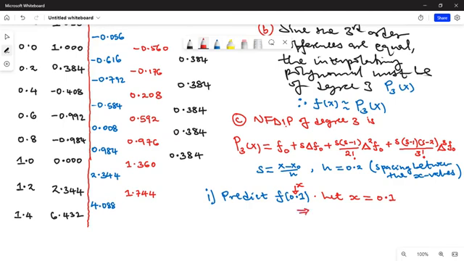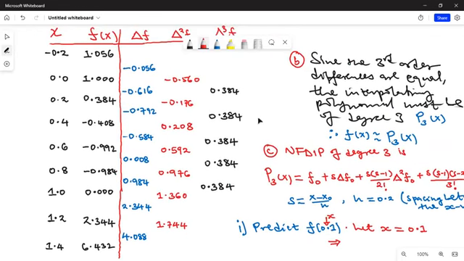Now, what about x naught? Look at our table. This is the x, which is 0.1, that we need to predict. So we need to predict the value of f of x at this point. Our x naught can be 0.0 or even negative 0.2, so long as it is a value of x above 0.1.